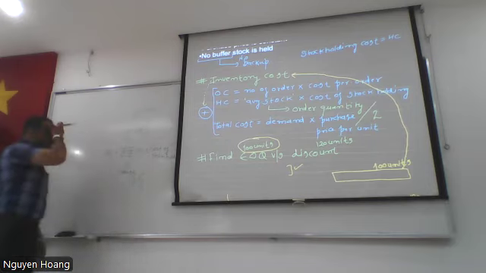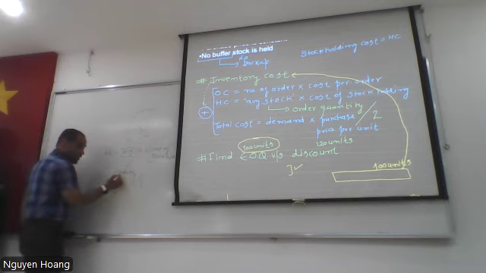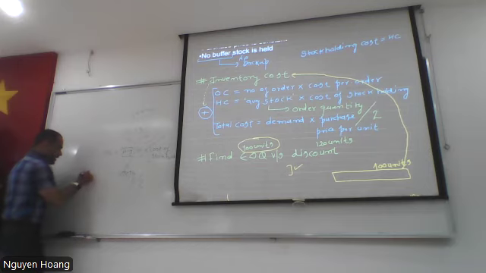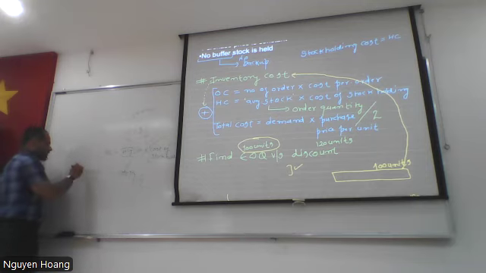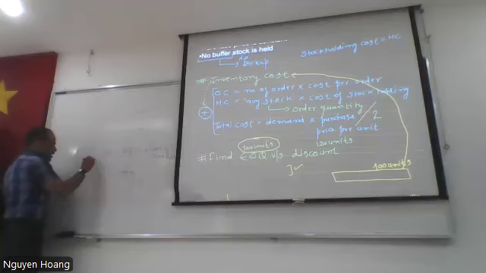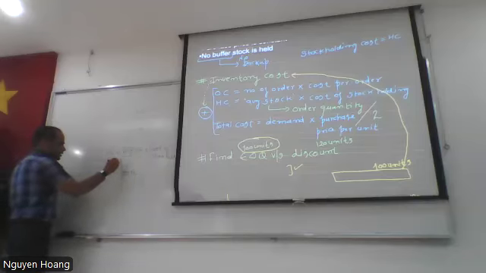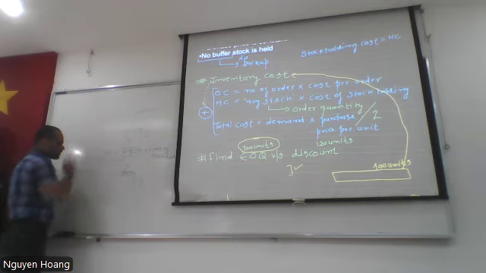Because this is order quantity. When we calculate EOQ, EOQ means minimum quantity we should order.